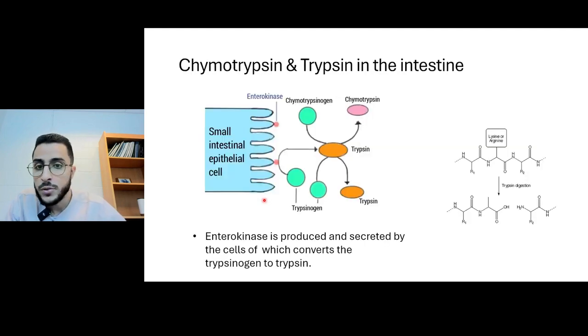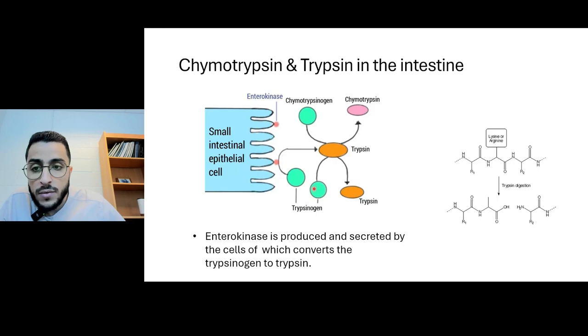Okay, so one thing that I want to talk about is chymotrypsin and trypsin. In your gut, you have these two enzymes, and they're in the form of the zymogen, and that means they are inactive enzymes. The first enzyme to be activated is trypsinogen.